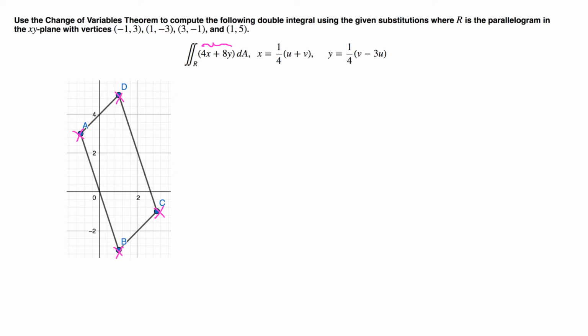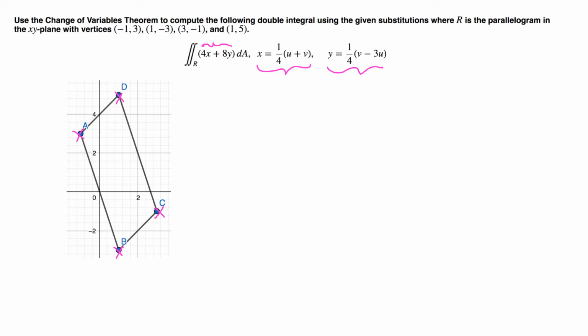Here are the substitutions. x is given by 1/4 quantity u plus v, and y is 1/4 quantity v minus 3u. So the whole idea here is we have a region in the xy plane. Now with these substitutions we get a nicer region in the uv plane.